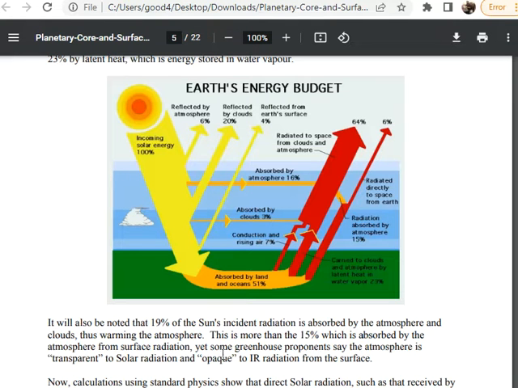But yeah, I am guilty of saying that the atmosphere is transparent. But actually, there's 6% reflected by the atmosphere. That 6% reflected by the atmosphere mostly turns into the blue light that we usually call the sky.